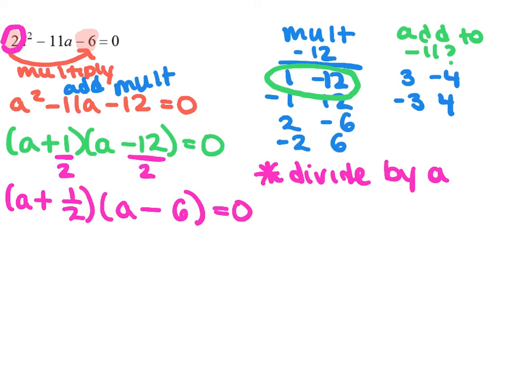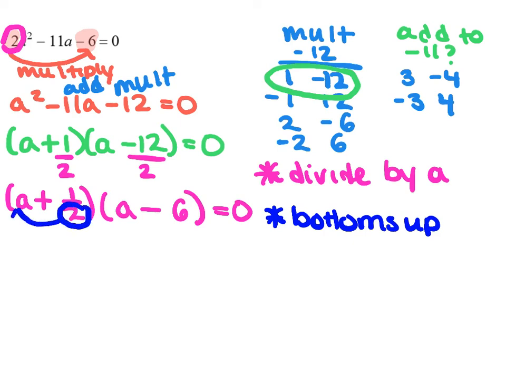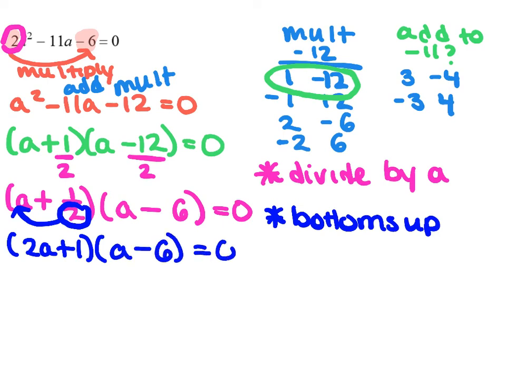Now for the next step, you want to bring the bottoms up if you have any fractions left. So for the first one, I can take this 2 and bring it up. So it'll become 2a plus 1. And the second factor stays as is. So it stays as a minus 6, and it's equal to 0.